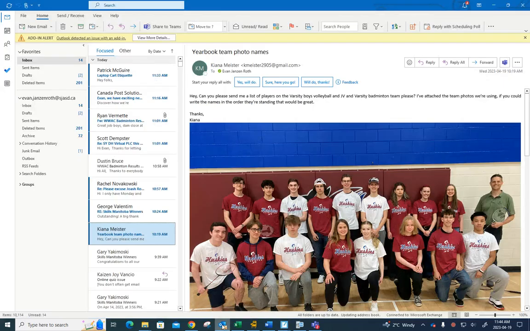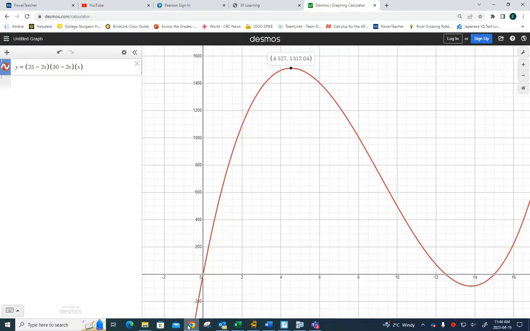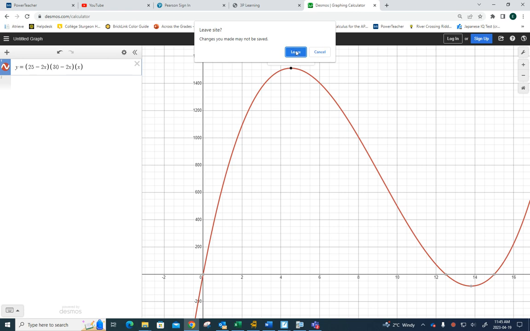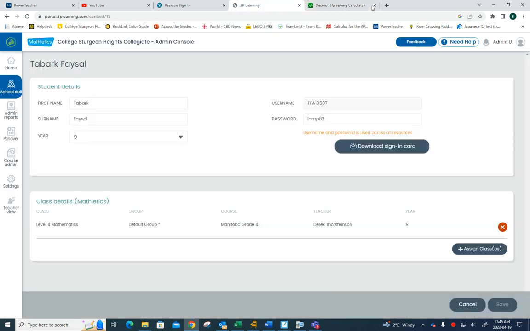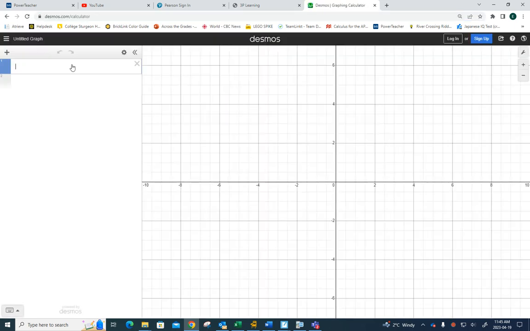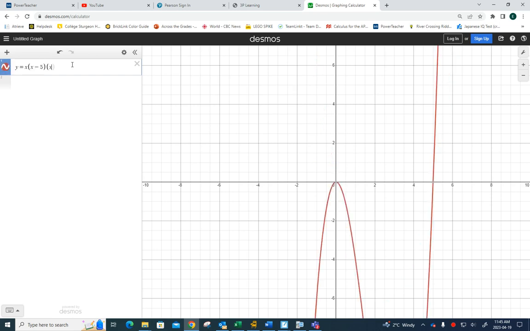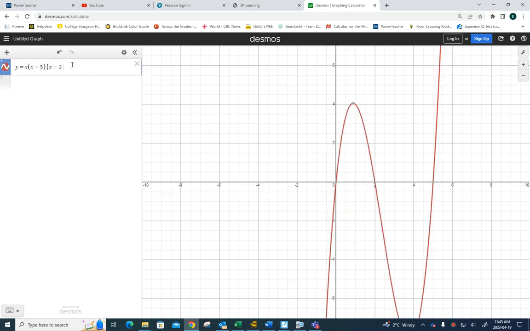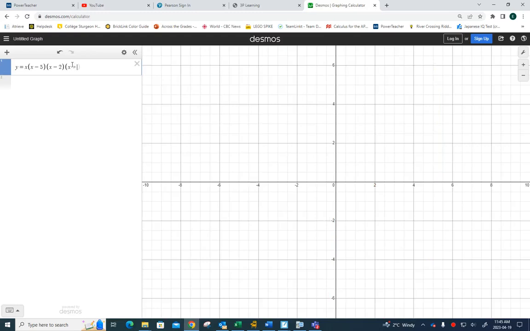So once again, I'm going to go to Desmos. I'm going to shut it down so we pretend like we started it new. So our window will be the basic starting window. So I'm going to start with y equals, the left side was x times x minus 5 times x minus 2 times x plus 3.